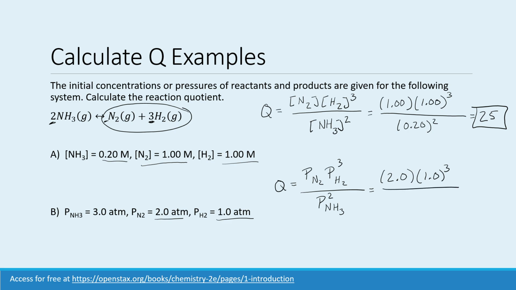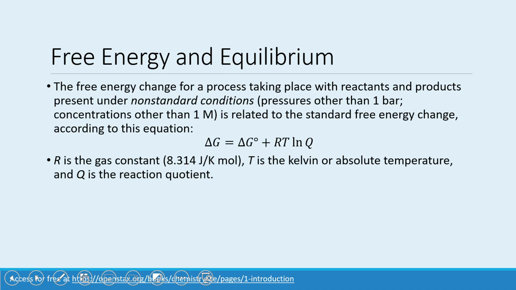And then times the partial pressure of hydrogen gas, that's 1 to the 3rd power, which is just 1. And then divided by your partial pressure of ammonia, which is basically 3 squared, or 9. And you should get back a value of 0.22. Okay, again, 2 sig figs because, of course, 2 sig figs in our values here.